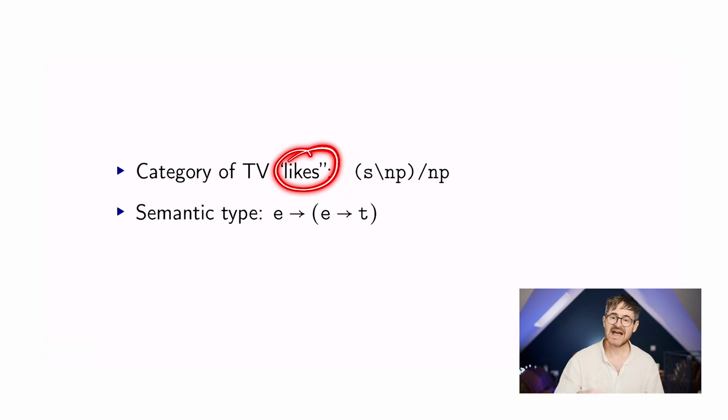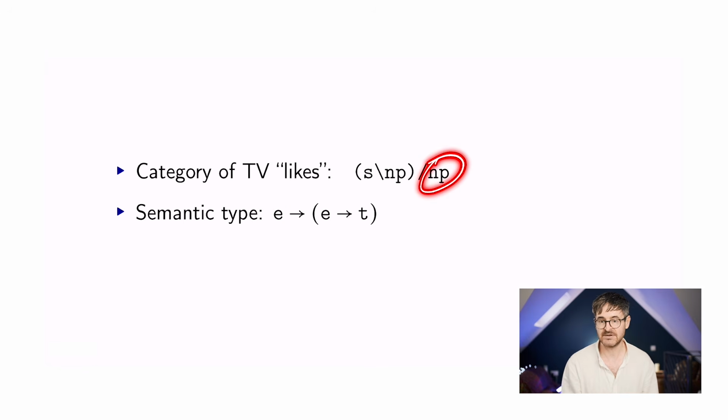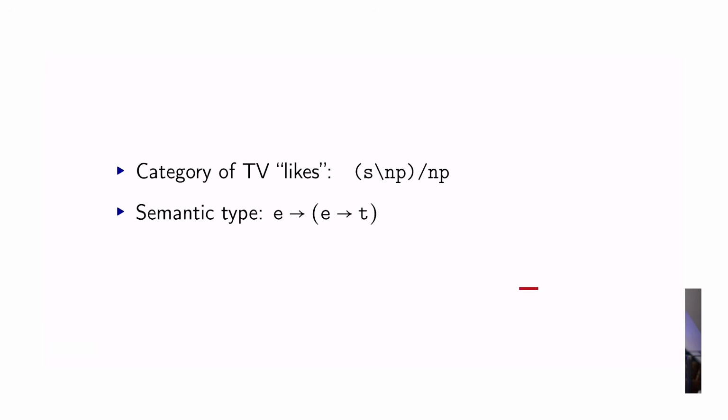Because 'likes' as a meaning is going to be a function that takes in one individual, something corresponding to a noun phrase, and then gives back another function, which again takes in an individual and gives us back a truth value. And a truth value is the kind of thing that corresponds to a sentence. So we have this lovely matching up between the syntax and the semantics when it's done with type theory.